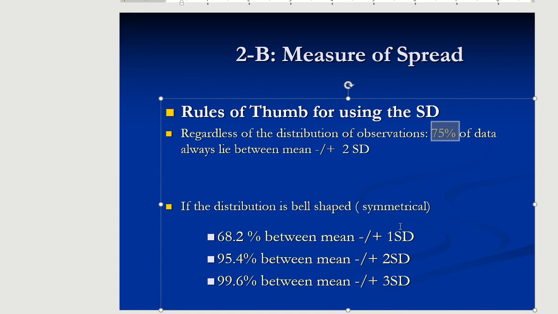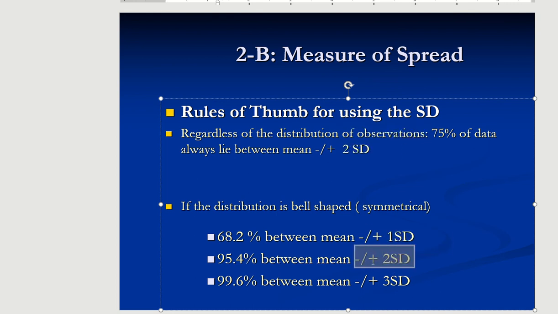Because once you start working with the normal distribution, the bell-shaped distribution, you can actually say things more specifically. You can say if you take the mean and you go down 1 standard deviation and up 1 standard deviation, you will capture 68.2% of the observations. If you go up and down 2 standard deviations, here we were saying 2 standard deviations, right? Okay.